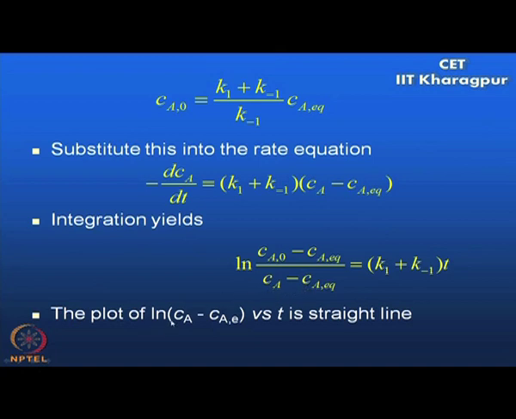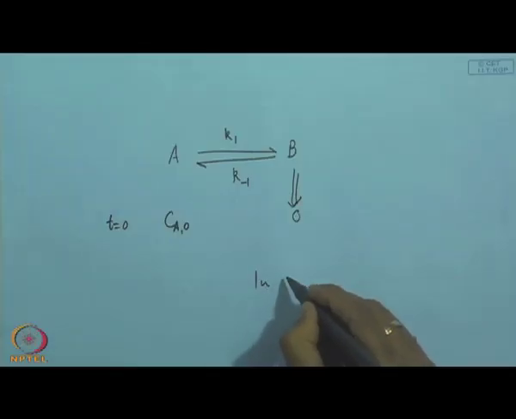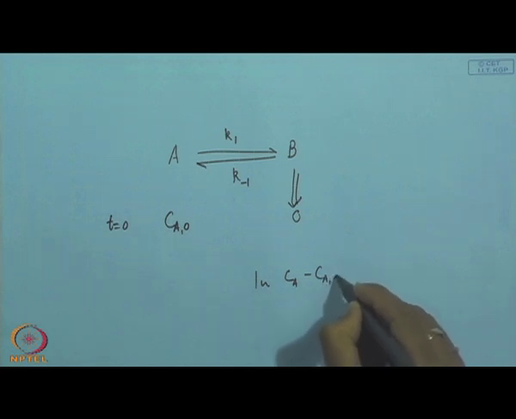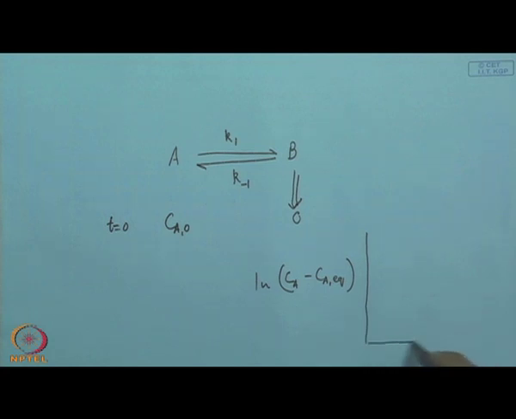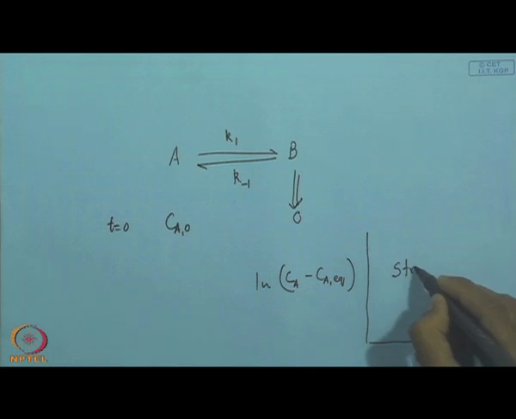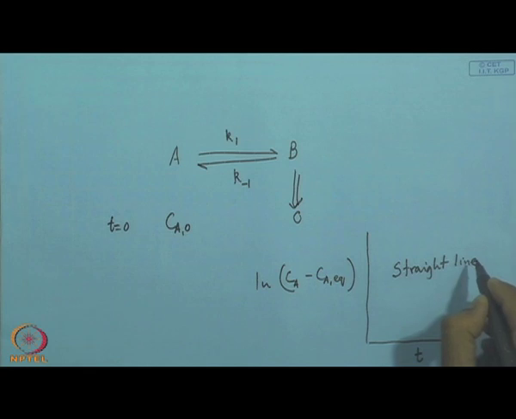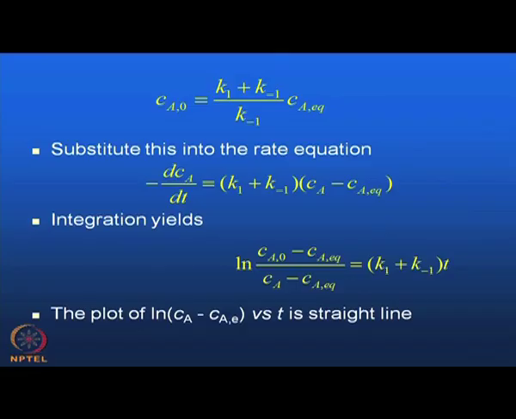So, if you plot ln (Ca minus Ca equilibrium) versus T, you will get a straight line. From this straight line, what do we expect?